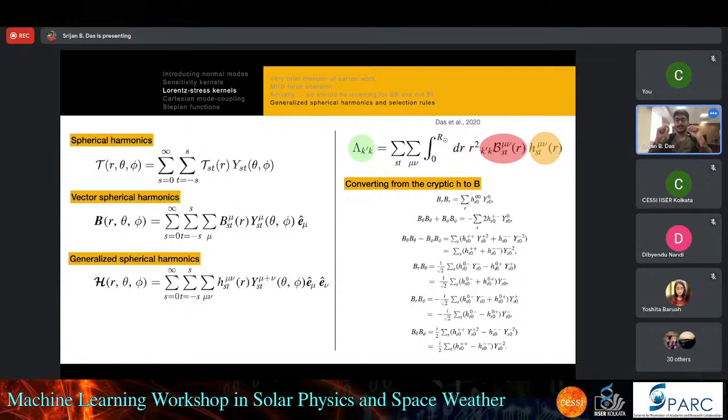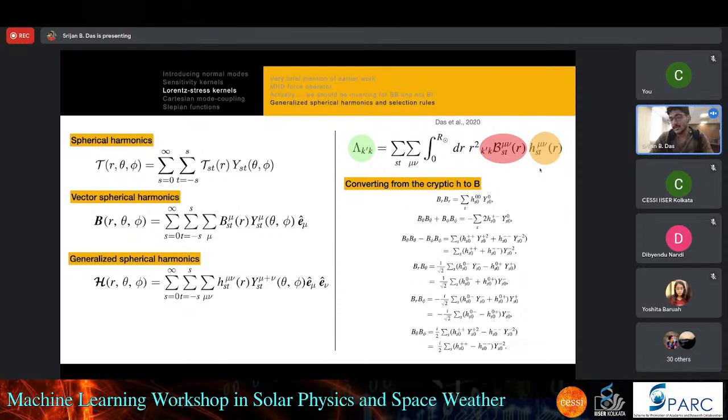But now, in our case, it's not a vector or a scalar, it's a tensor because it's b times b. So we start with generalized spherical harmonics. This has its own literature and its own identities, and it's extremely elegant. And you can use all these identities to end up with such a linear inverse problem.